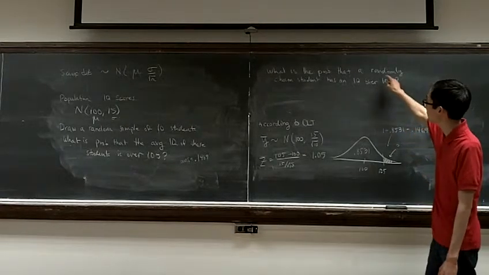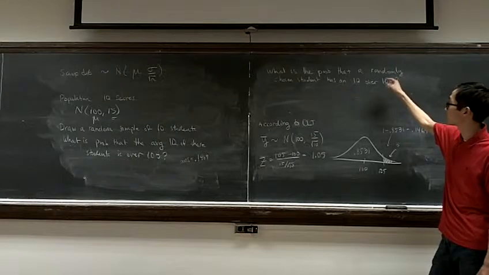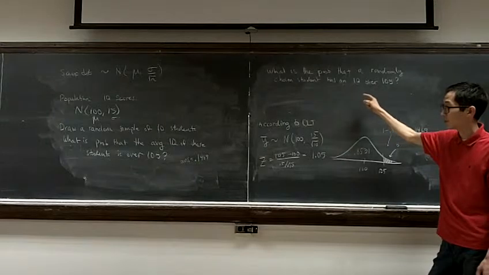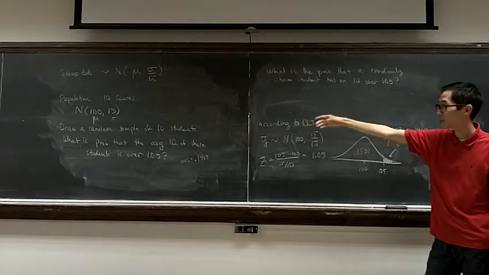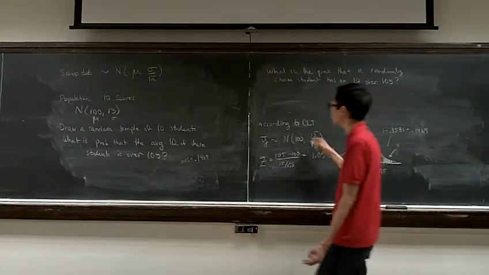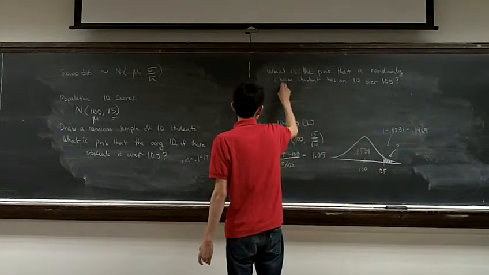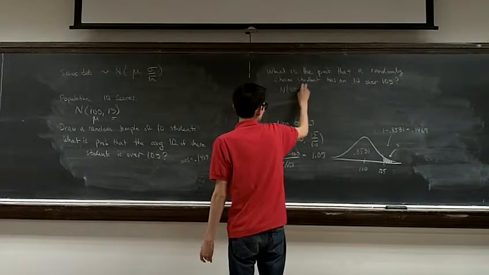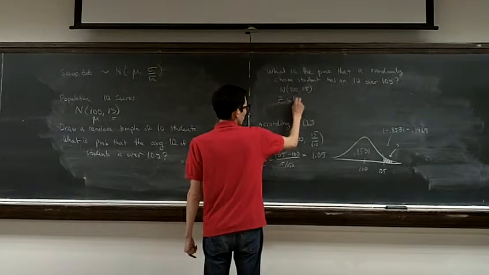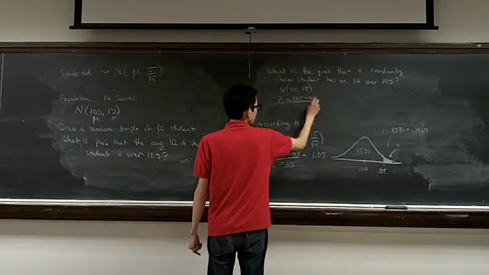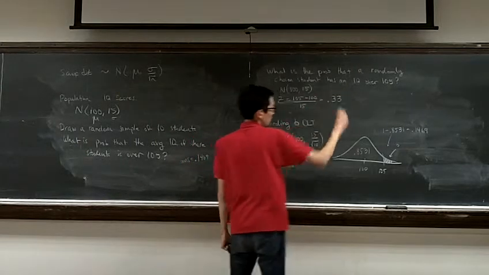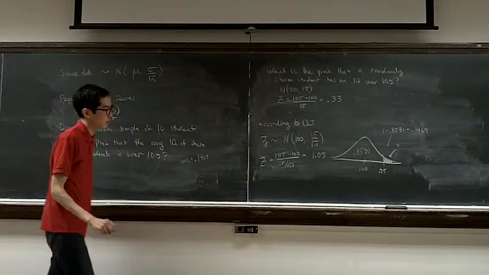Over here, what's the probability that a randomly chosen student has an IQ over 105? Now we're just dealing with individuals, so I could treat my sample size as 1, or I could just say I'm drawing from the population. It's the same thing. So now I have a normal distribution with mean 100, standard deviation 15. My z-score here would be 105 minus 100 divided by 15, which is 0.33.